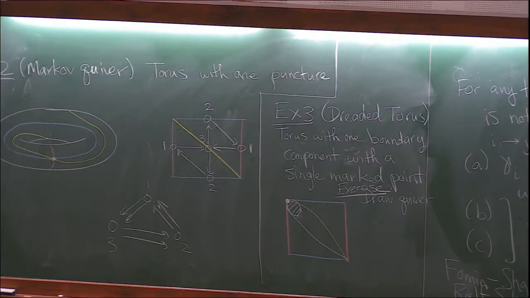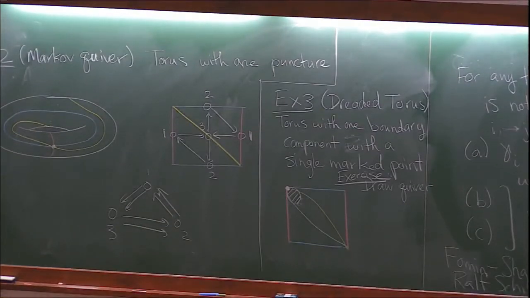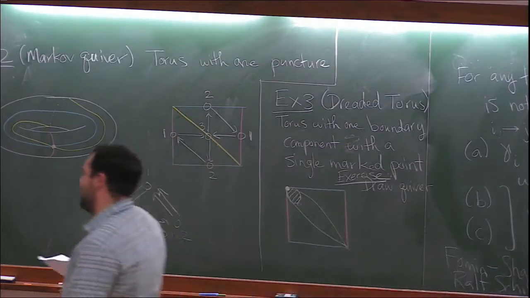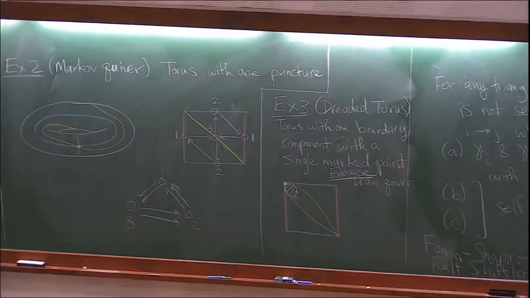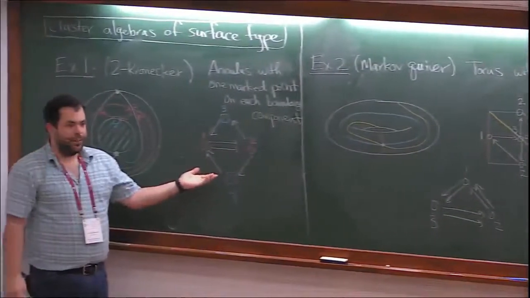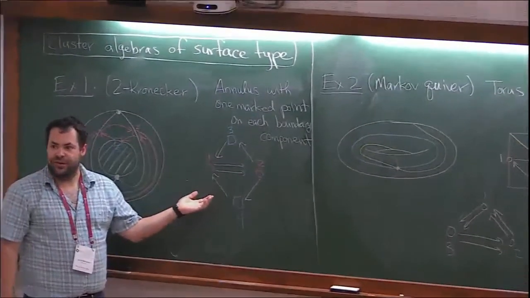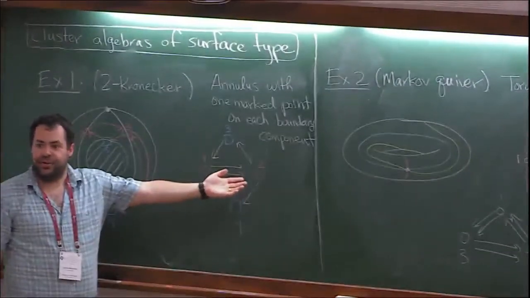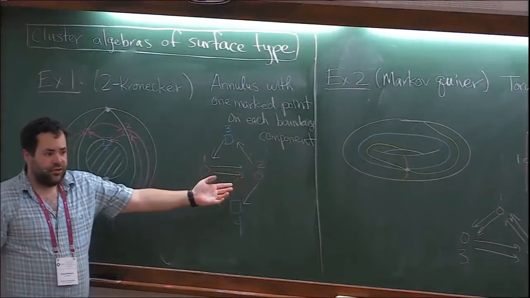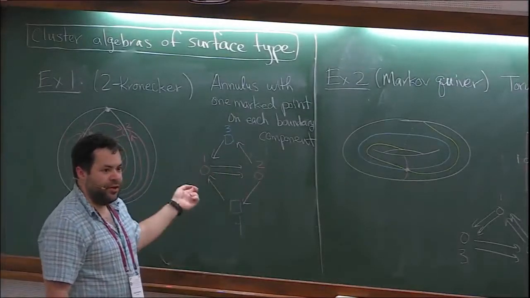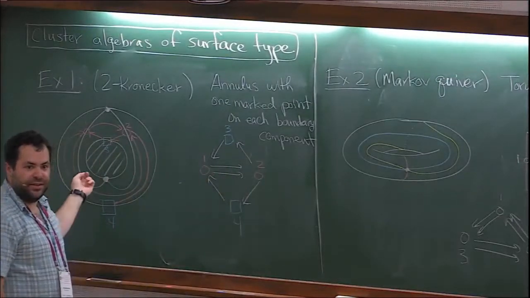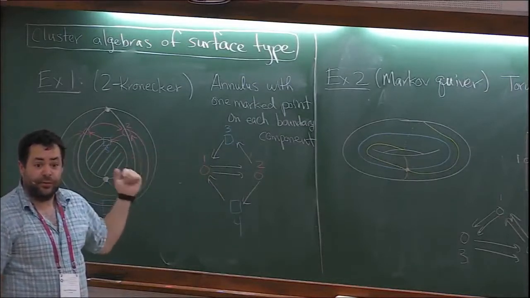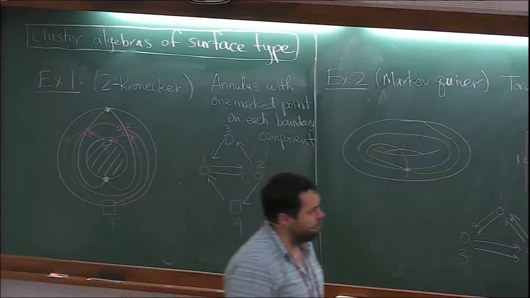So now I'll write down the final theorem. So here's a definition. If you have a triangulation of one of these marked surfaces, you can produce a quiver. And from this quiver, we've already seen how to produce a cluster algebra. So if your quiver comes from some triangulation like this, I call this cluster algebra surface type.